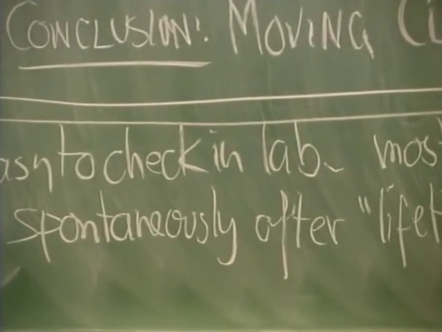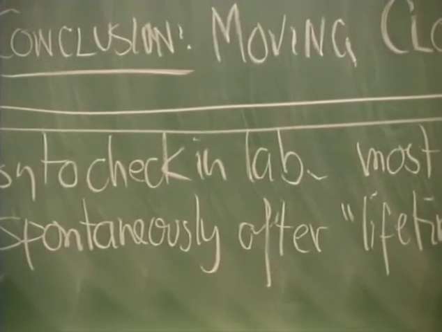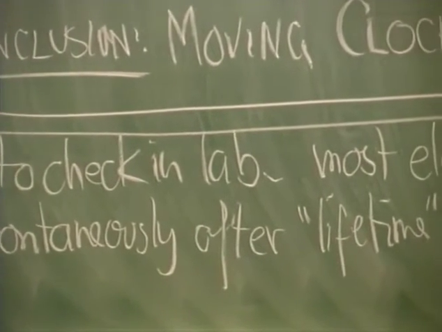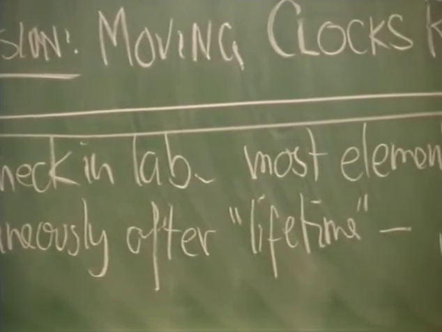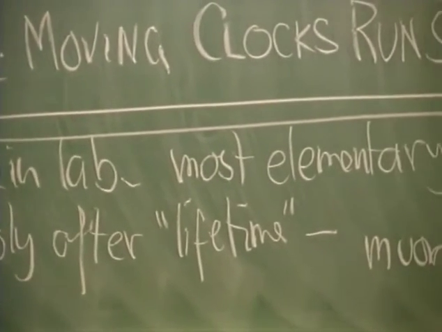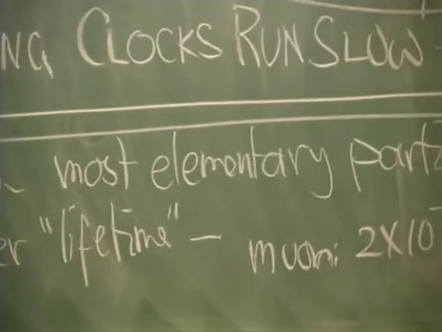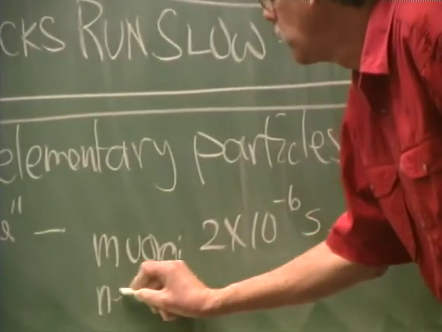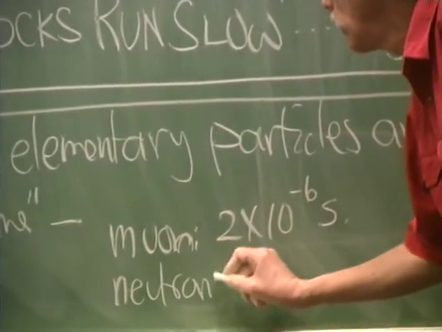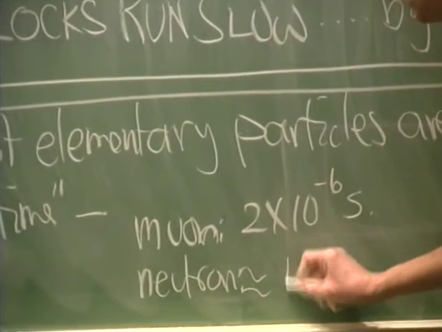For example, the muon's lifetime is 2 times 10 to the minus 6 seconds, 2 millionths of a second. The neutron is about 10 minutes.